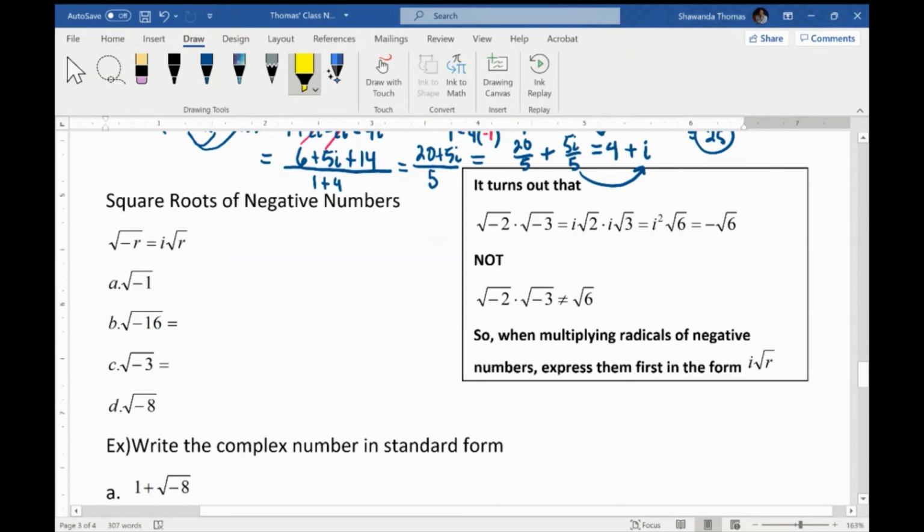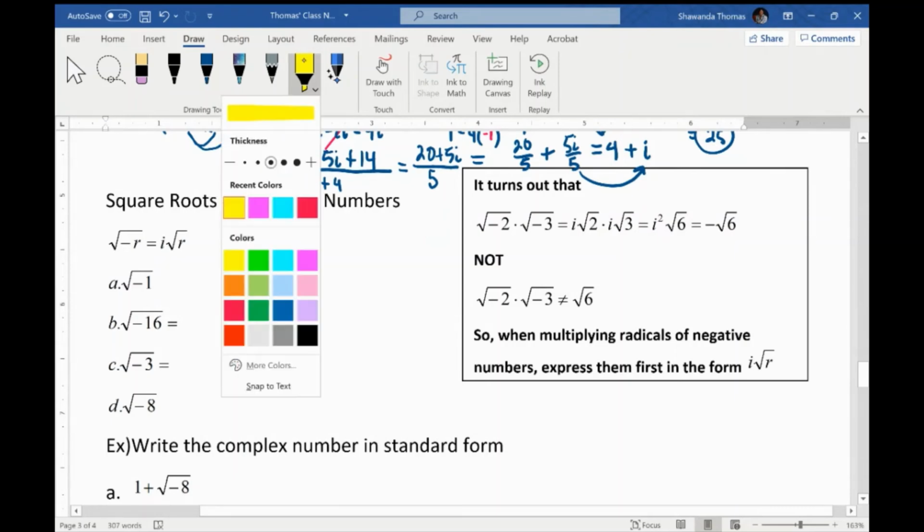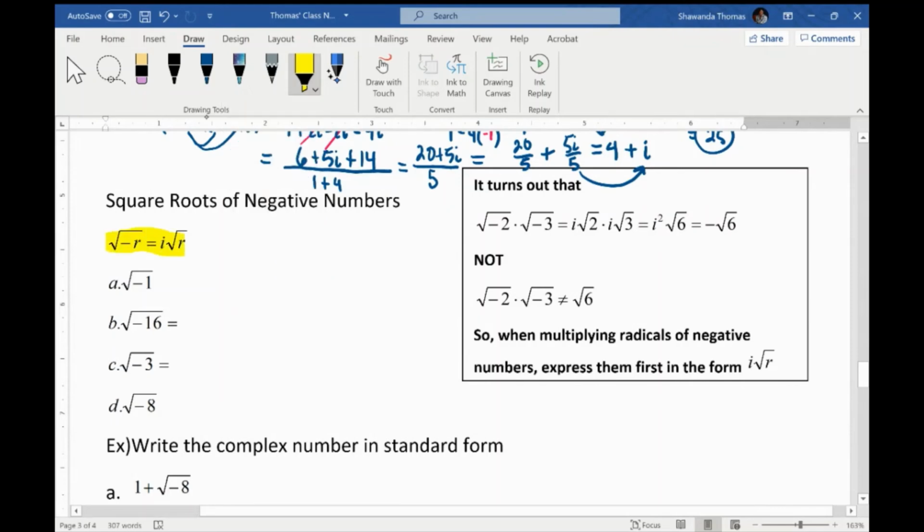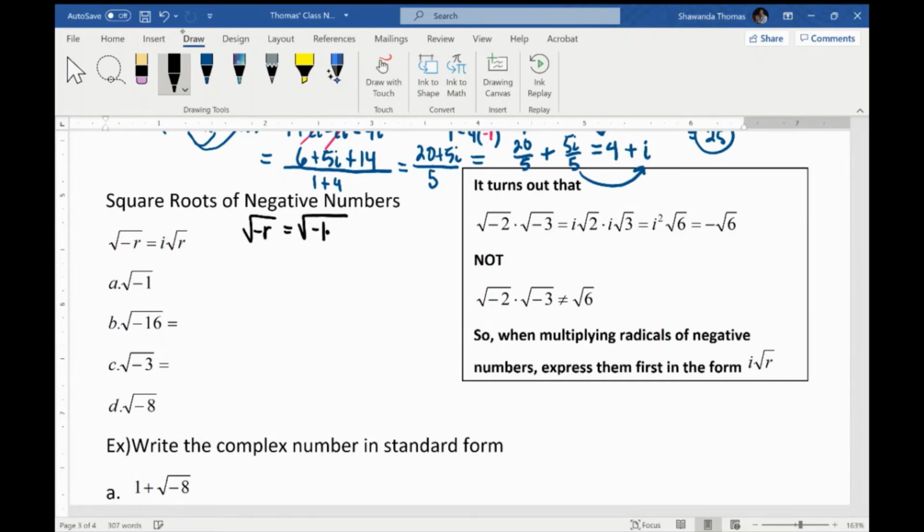They're saying that the square root of negative r equals i times the square root of r. How is that? Well, let me break it down for you. The square root of negative r, is that the same as the square root of negative 1 times r? Would you agree? Yes or no? Isn't negative 1 times r negative r?